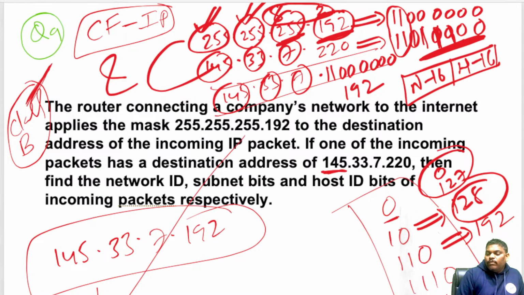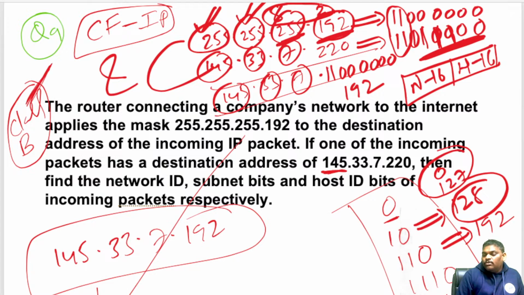In the mask, everyone knows, network part plus subnet part is ones, and host part is zeros. Actually in class B only the first 16 are ones.